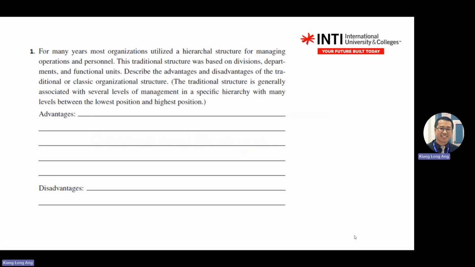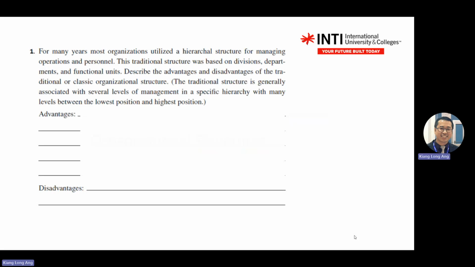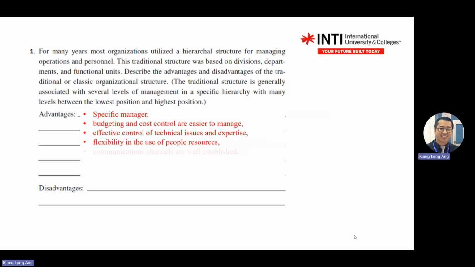Try to find a better word for limited. Like production can only be used by production, finance only can use finance things, and so on. So these are the few keywords that you can elaborate on. So advantages, you have specific managers. All right, so I give you all the answer.